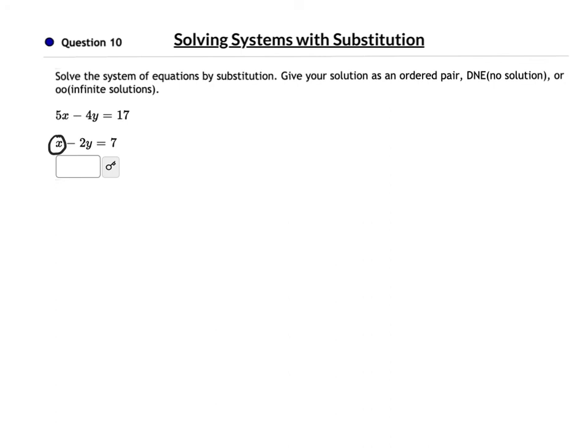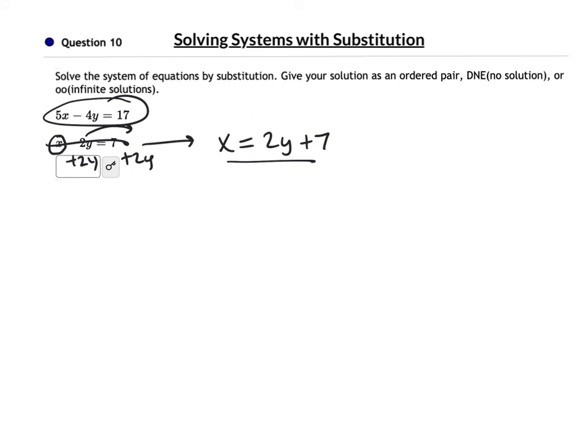That x is going to be the easiest thing to solve for because all I need to do is move the 2y to the other side. Add 2y to both sides. You can't combine 7 and 2y. Let's put the 2y in front. This equation becomes x equals 2y plus 7. Now we're not going to use that one. We're going to use this one and the top equation.